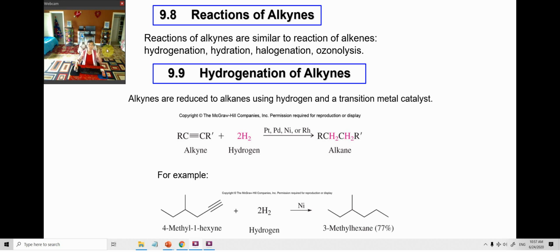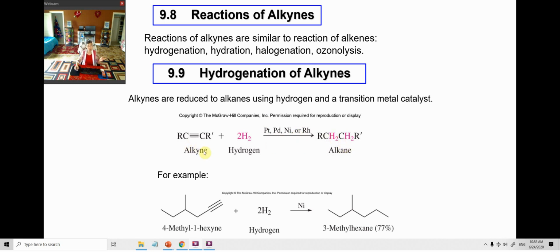So you learn hydrogenation reaction, hydration reaction, hydrohalogenation, halogenation, and ozonolysis. In terms of the hydrogenation reaction, you are going to use alkyne to react with hydrogen in different amounts, with different catalysts.